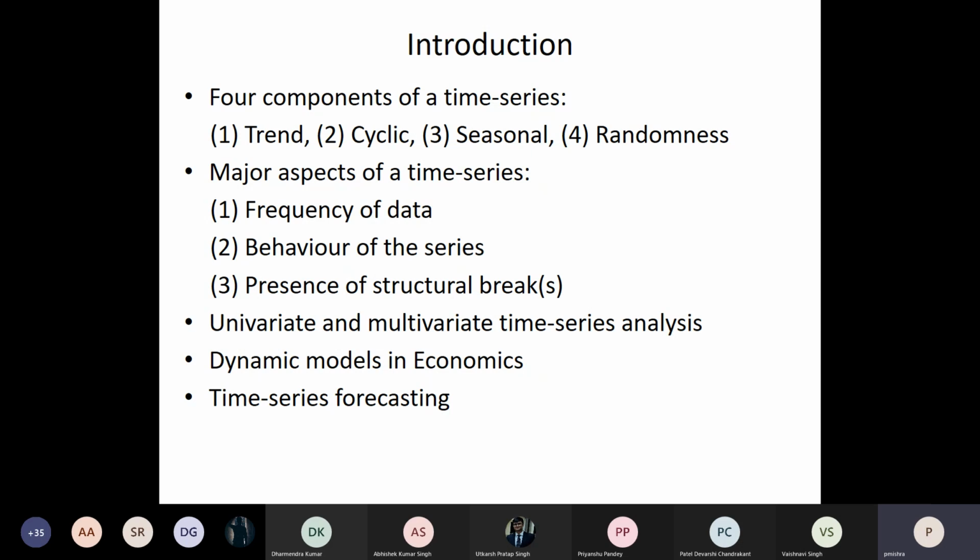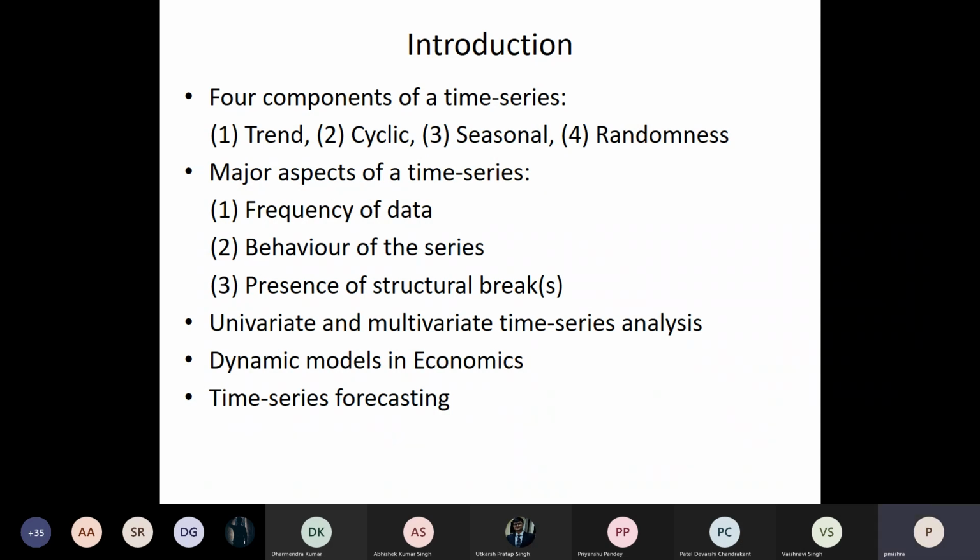Here, basically, what we do, we introduce lags in the variables. These dynamic models may be autoregressive, like Yt is a function of Xt, Xt minus 1, Xt minus 2. It may be up to Xt minus k. It may be distributed lag model, the example that I gave.